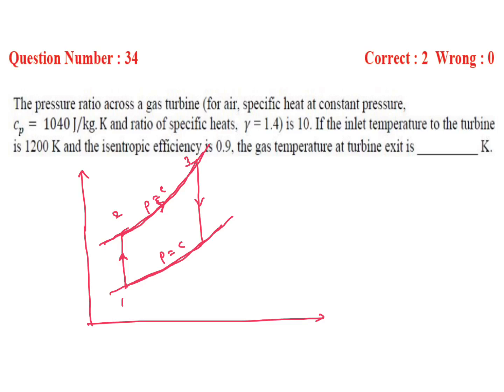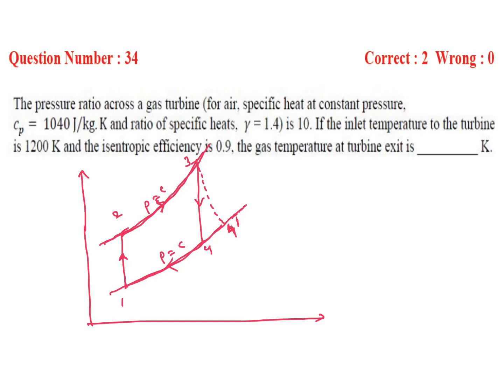Constant pressure heat addition 3 to 4. Work done in turbine. 4 to 1 heat rejection. So here, isentropic efficiency is given, so this is the actual condition 4 dash.